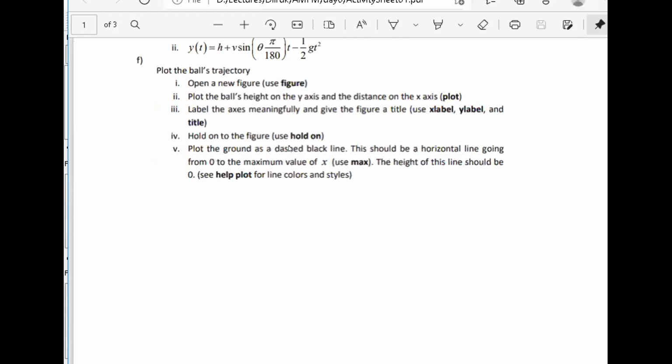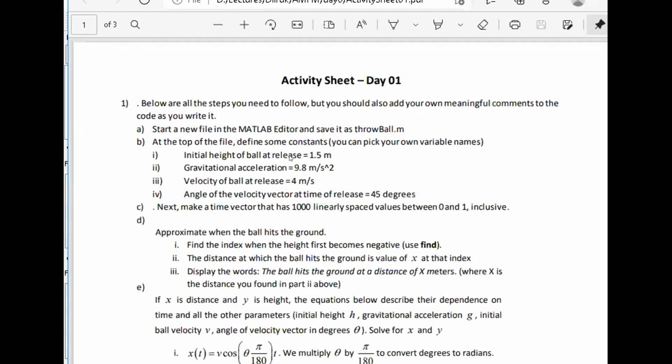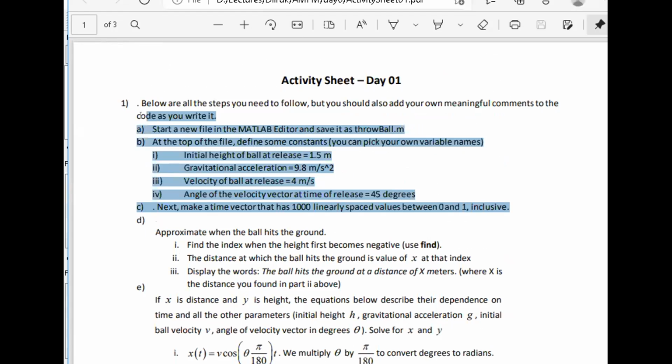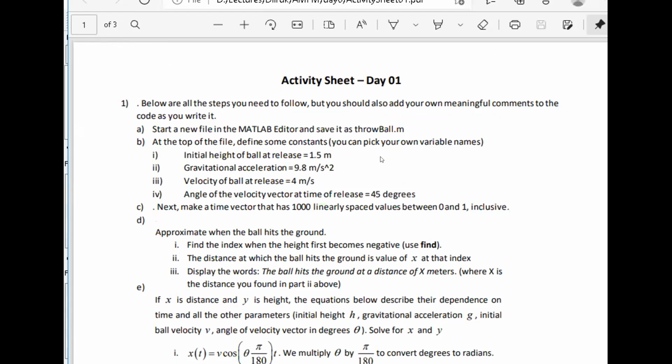So just try to remember these things. You have to refresh your memory on this basic stuff, otherwise you cannot move forward.